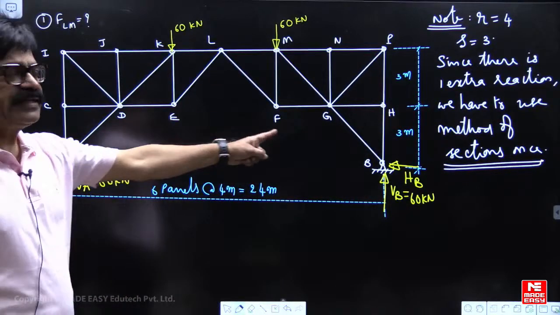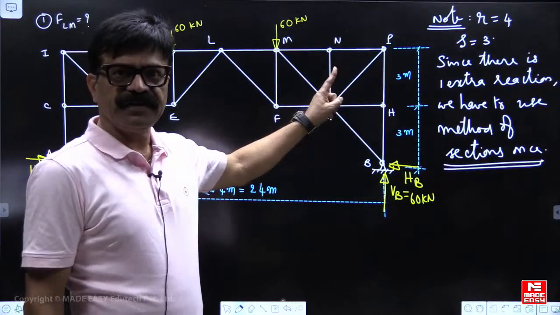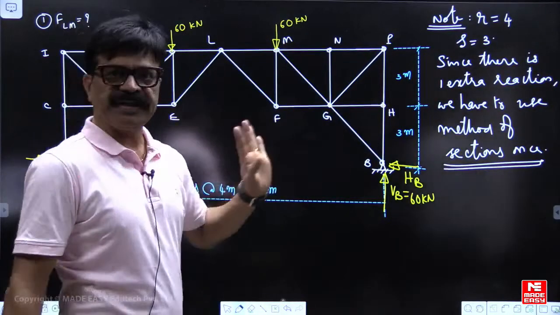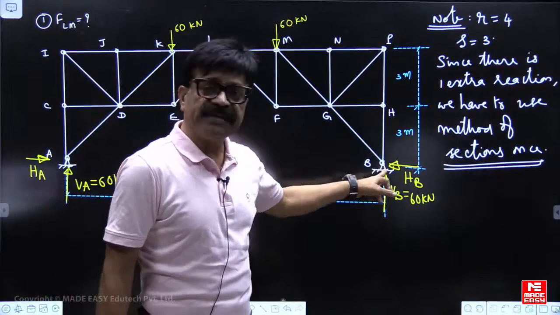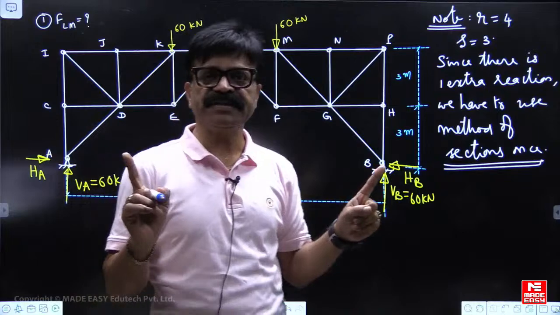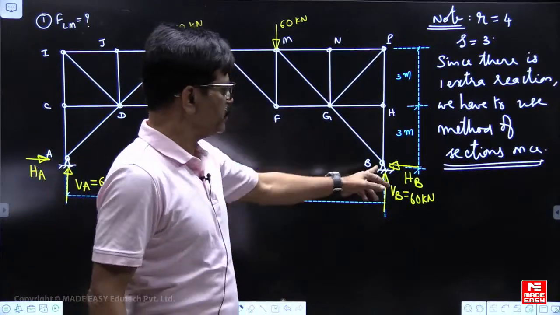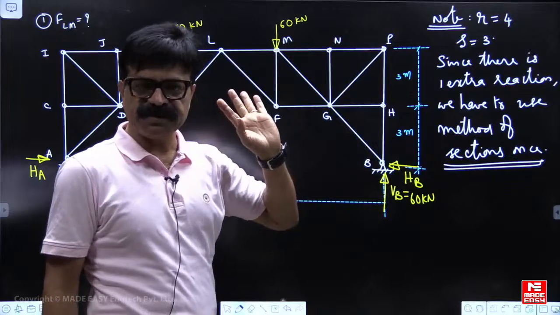Though there is no horizontal action, HA and HB reactions will develop because there are 2 hinges. If a roller were there, then the horizontal reactions would be 0, but since 2 hinges are there, we cannot say they are 0. So HA and HB will not be 0.